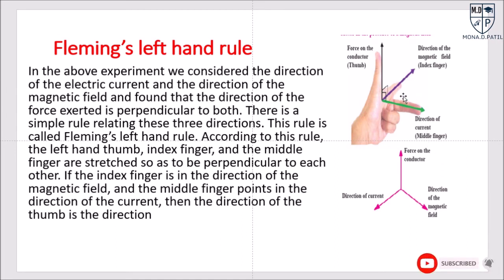According to this rule, the left hand thumb, index finger and middle finger are stretched perpendicular to each other. If the index finger is in the direction of the magnetic field and the middle finger points in the direction of the current, then the thumb is the direction of the force on the conductor.